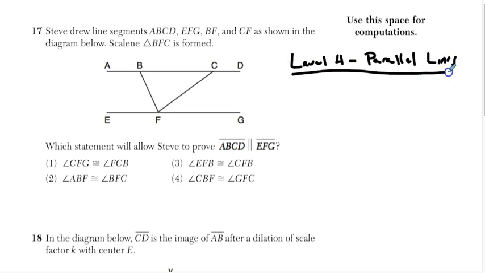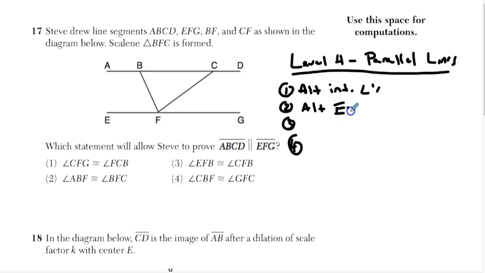All right, and there's 4 types of angles we learned about, angle pairs. 1, 2, 3, and 4. We have alternate interior angles. We have alternate exterior angles. We have corresponding angles.